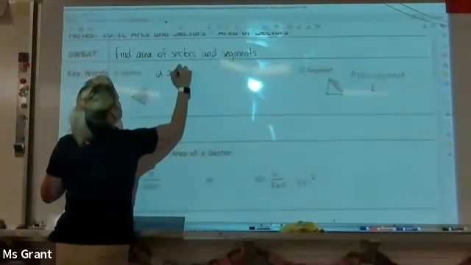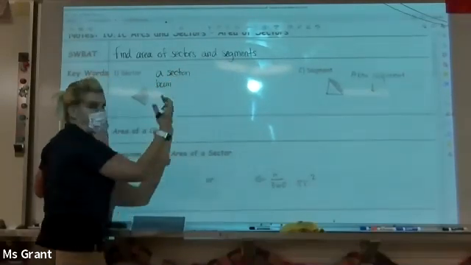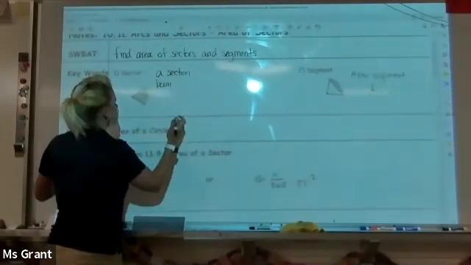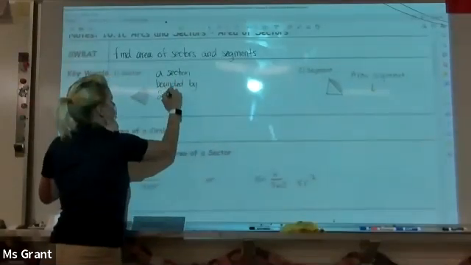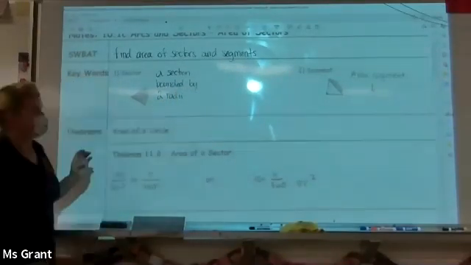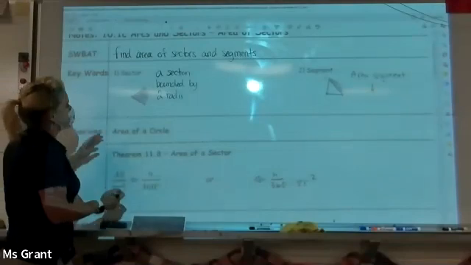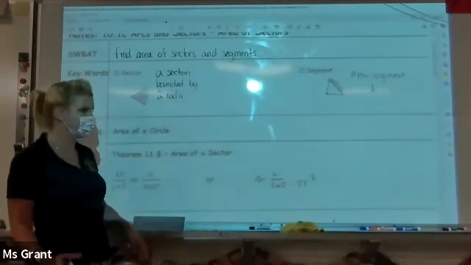A section, and I'm going to say bounded by. That means like the boundary line, the beginning and end, bounded by 2 radii, right? And then obviously the edge of the circle is the other edge. Easy.